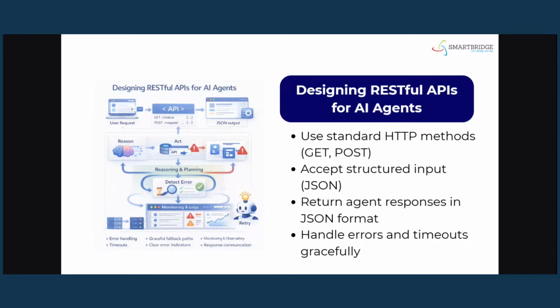Designing RESTful APIs for AI agents is about creating trust between components. The front end trusts the back end to respond correctly, and the back end trusts the agent to behave within constraints. This trust is built through clear contracts defined by APIs. When APIs are designed well, the entire system flows, feels stable, and even works better, even when the intelligence underneath is complicated.